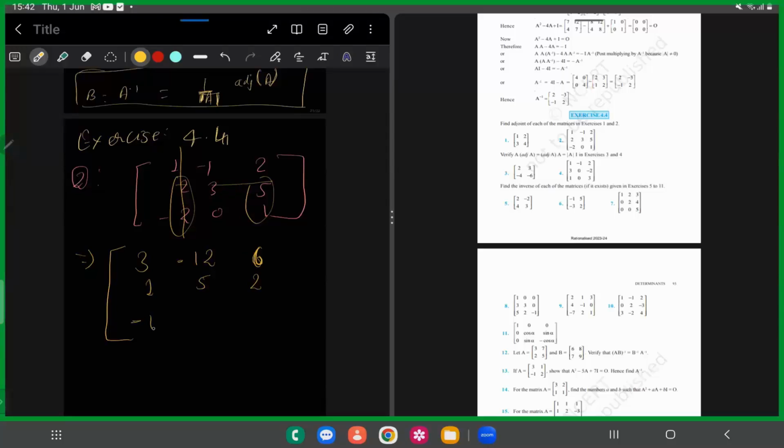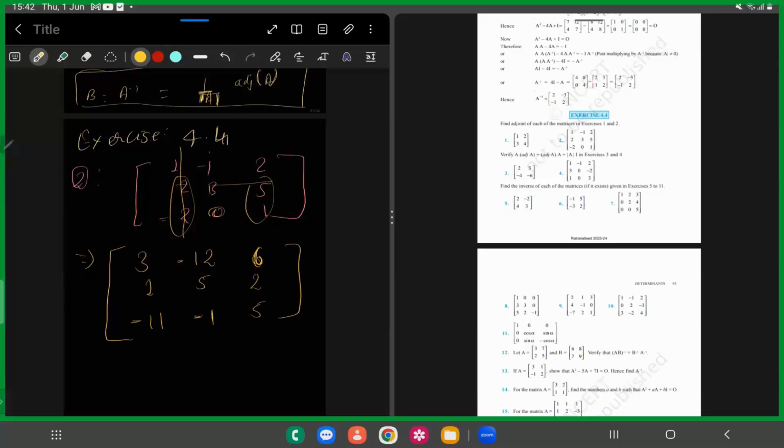Okay, so this will be minus 11, and for this term we'll ignore these two rows, and 5 minus 4, 1, and there is another minus sign, so this will be minus 1, and for the last term our cofactor term would be 3 plus 2, 5, and plus sign.